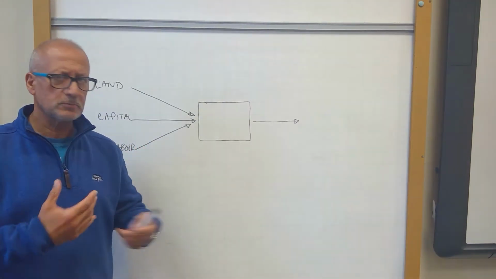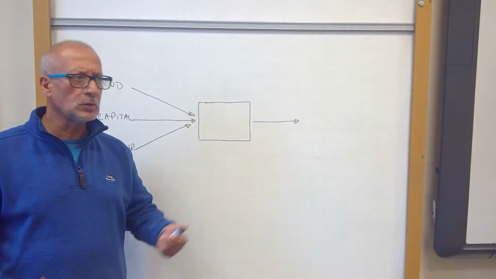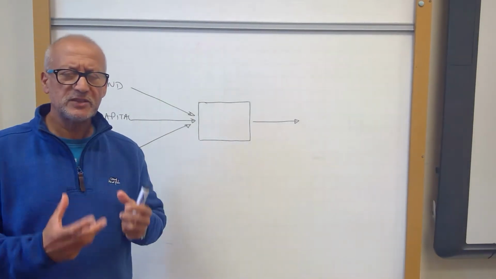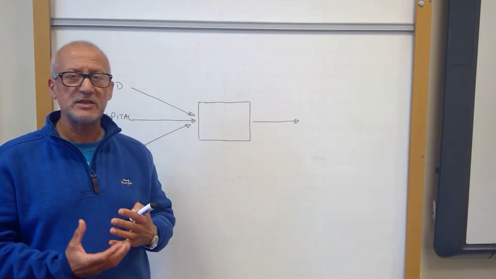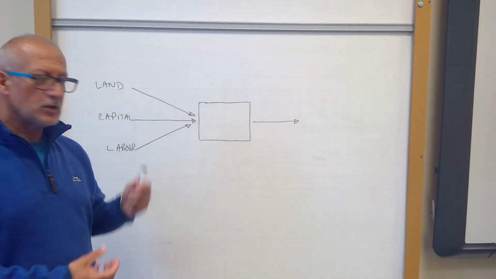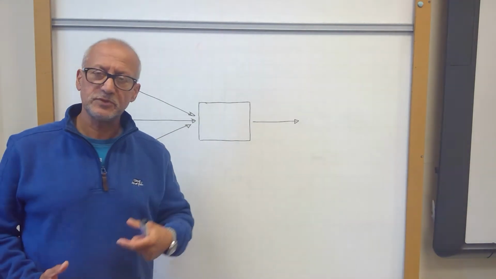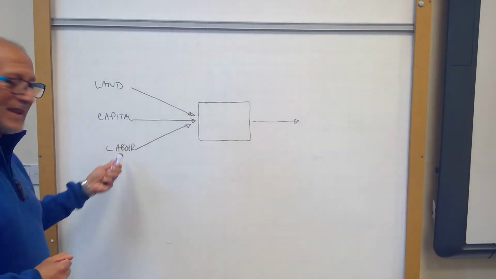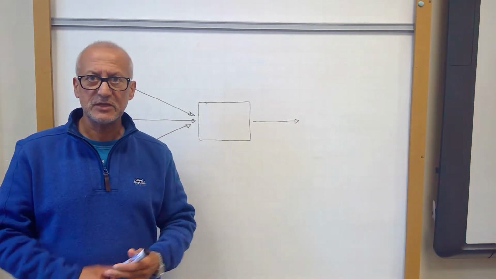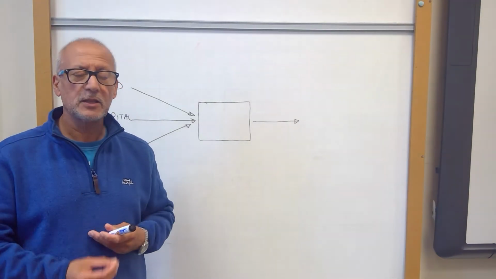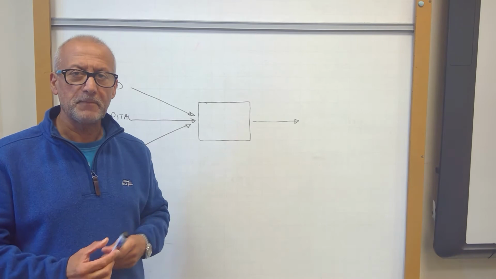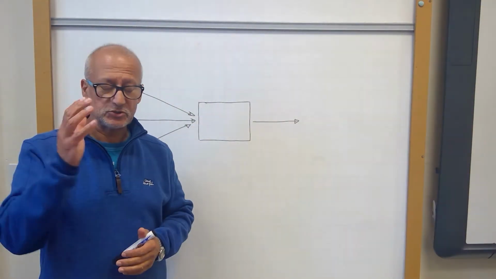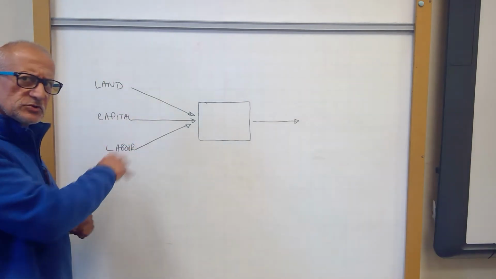Below the ground, we're talking about the things that we mine, coal, iron ore, etc. By capital, we mean the tools, the machinery that we need to convert raw materials into something that we want as an end product. So that's what we mean by capital. And labour is what it says on the tin. Labour, we mean people who are working and make the thing happen.